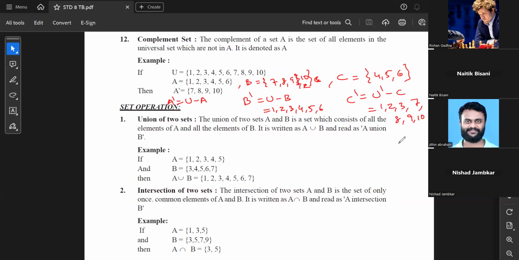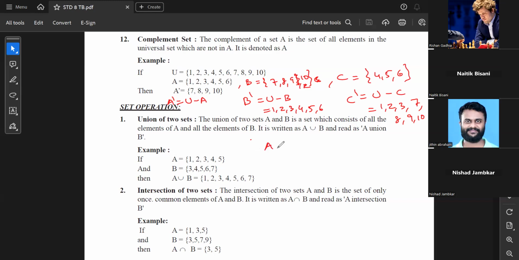Sir, if we have U as 1 to 10, and from set B we remove 10, can we write A, B, C in a bracket and then a dash, so that it equals 10?